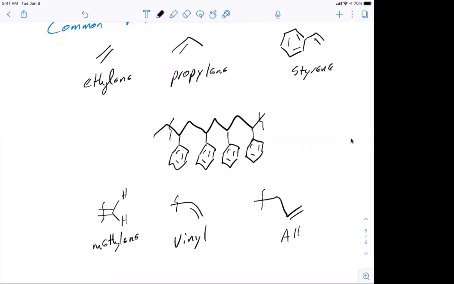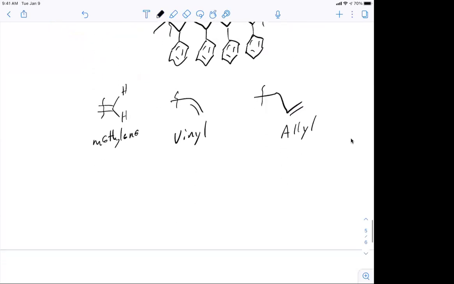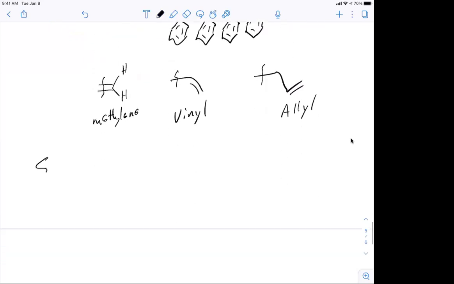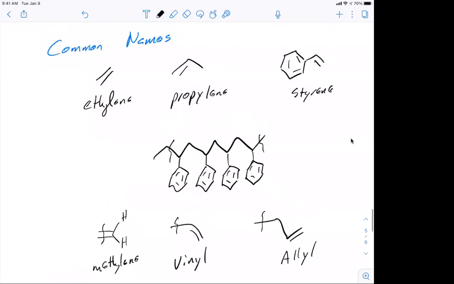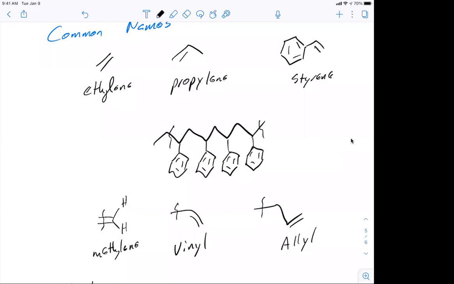We'll see allyl stability, right? We've talked about that with carbocations. We'll talk about it more with carbocations. This is an allyl group that's attached. And this isn't a large list of common names. It is important for you to know these common names.